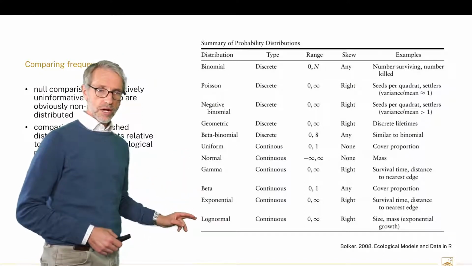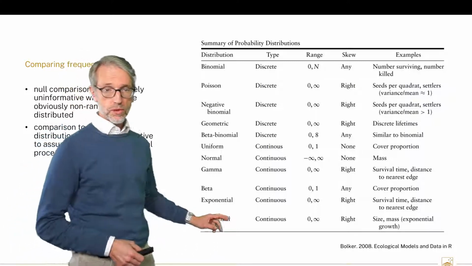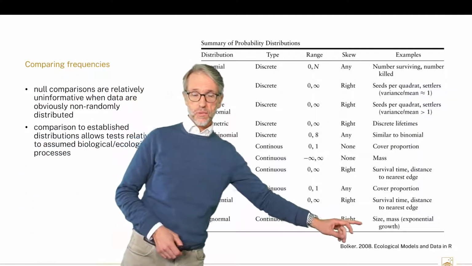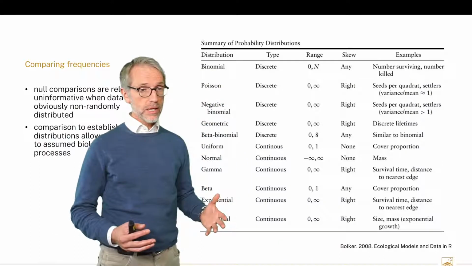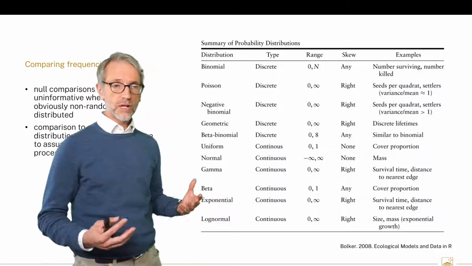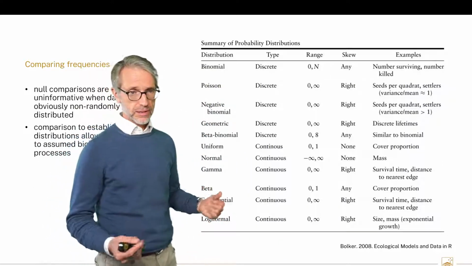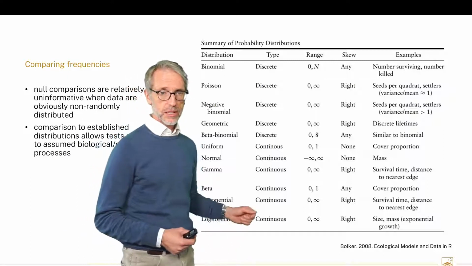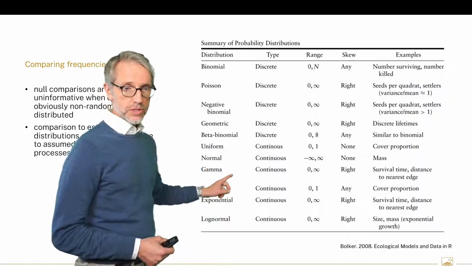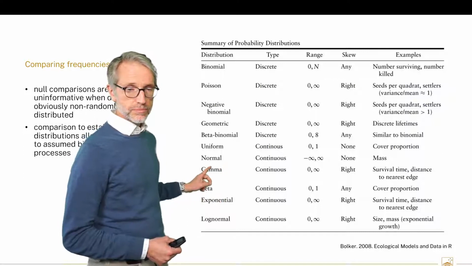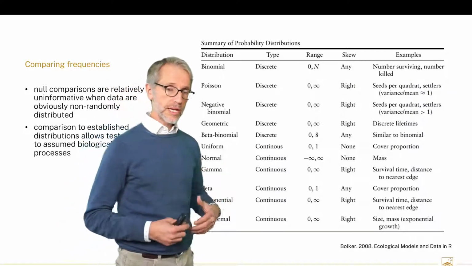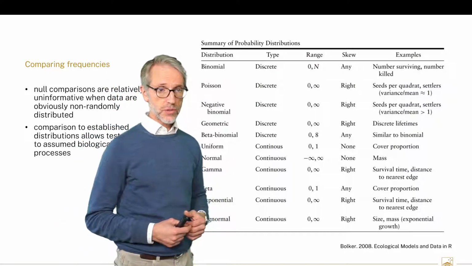And in the lecture, I highlighted the log normal distribution, which is often used to describe the underlying distribution of size-based data, things like diameter or even mass data. Also, distributions like the gamma distribution are useful for looking at size, but also spatial data too.